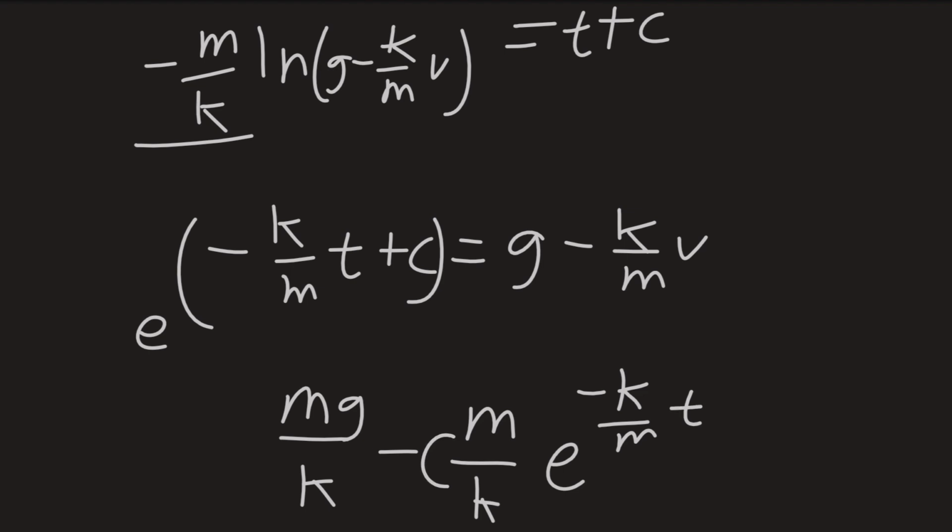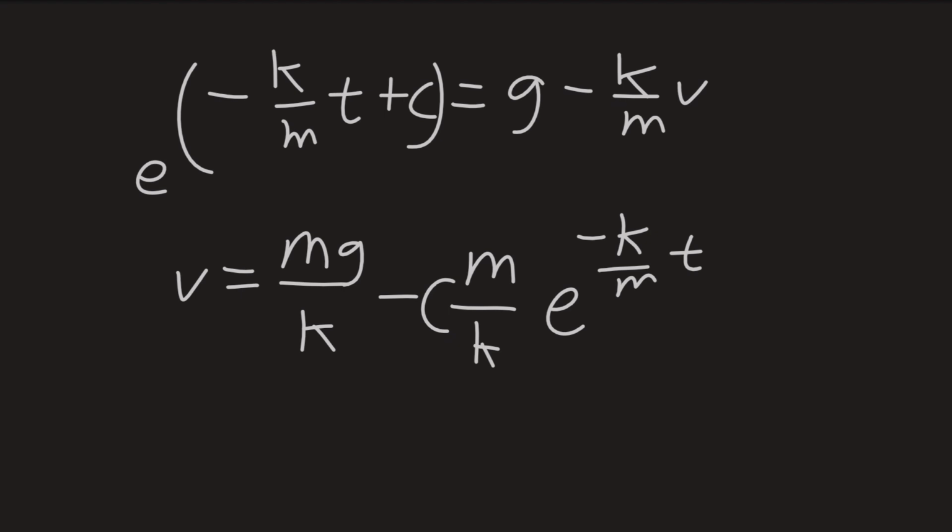This is our velocity, but we do need to solve for this constant c. In the video, when I drop the golf ball, you'll note that I'm not throwing it up or down, I'm just dropping it, meaning our initial velocity is 0, so v of 0 should equal 0.